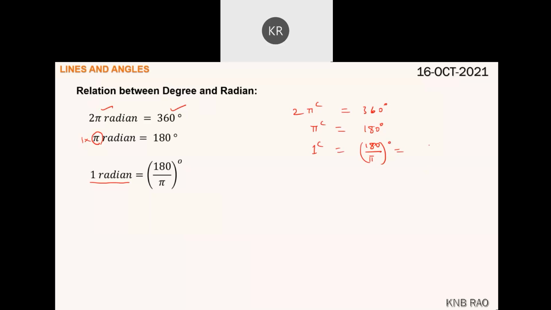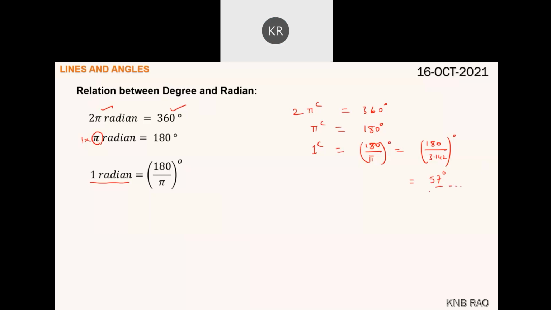Chandru said the value of pi is 3.142857, and if you take 180 by 3.142, you get about 57 degrees. It is 57 degrees and some minutes and some seconds, not exactly 60 degrees.